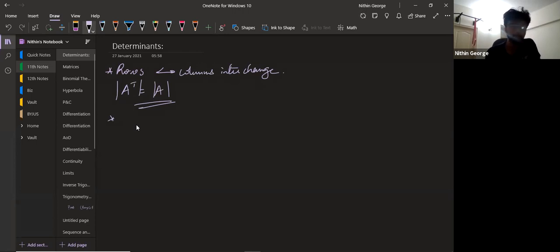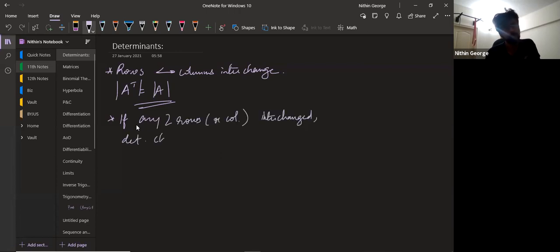Now, second property: if any two rows or columns are interchanged, determinant changes in sign.